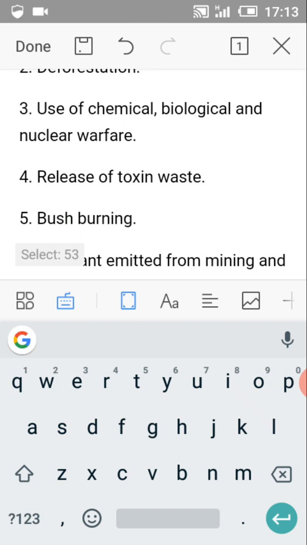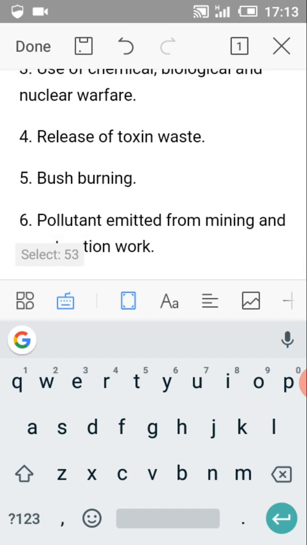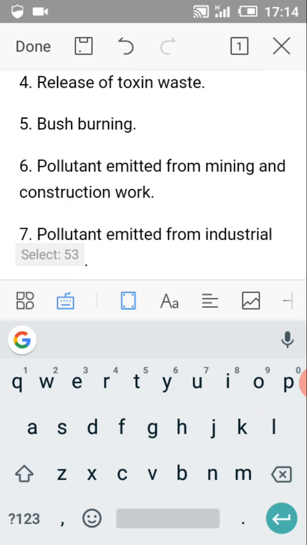Toxic waste that is released through our industrial waste also serves as a form of heat that increases the amount of carbon dioxide in the atmosphere. Number 5, bush burning. When we burn our bush, a lot of carbon dioxide is released into the atmosphere.